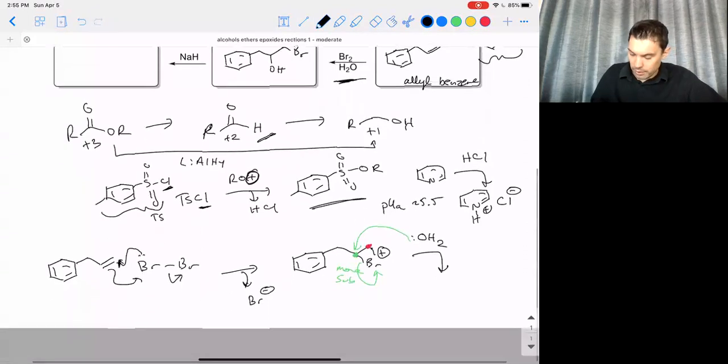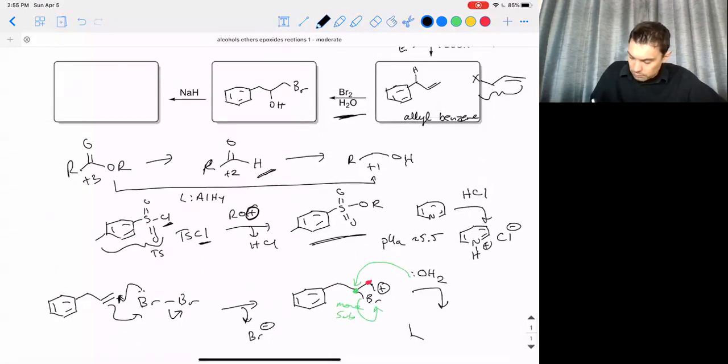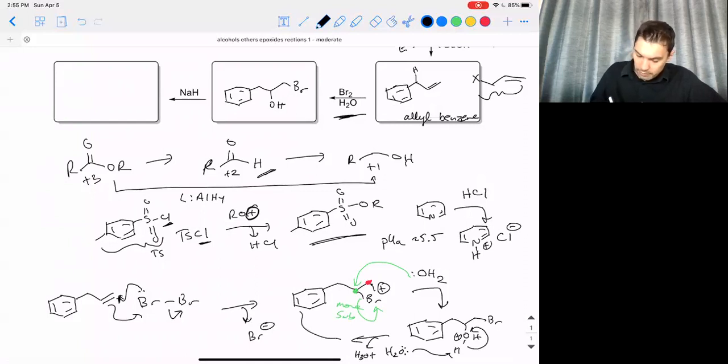If I carry forward then, we generate this intermediate, and now we're going to take some more water that's in plenty because it's the solvent, and we're going to generate some H3O plus, which of course is still balanced out by our Br minus, and then the product of that would be the one that I have drawn nice up top.